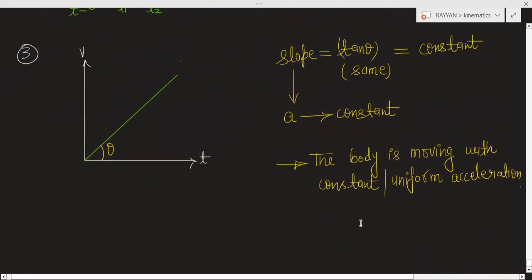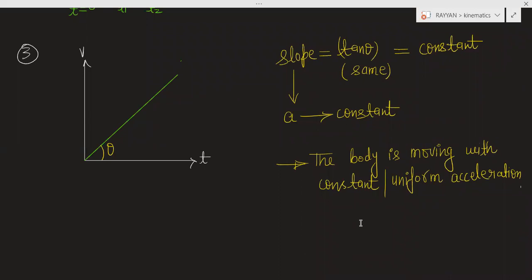If you say a car is moving with constant acceleration, that is not the example. I basically want the motion under gravity. Motion under gravity is an example of constant acceleration, no? If the body is moving under only gravitational force, that is the example of uniform or constant acceleration. Okay.